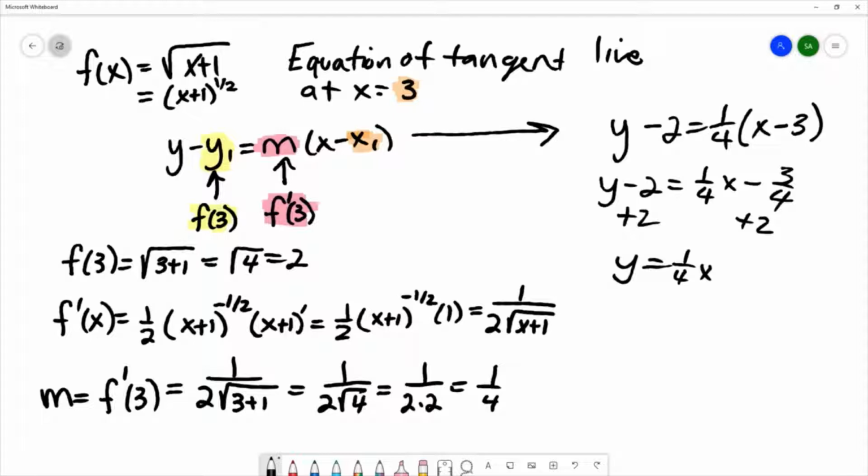And I'll need to change 2 to a fraction. 2 over 1, I'm going to multiply by 4 over 4 to get 8 over 4. I've got negative 3/4 plus 8/4, and that's y equals 1/4 x plus 5/4. So that is the equation of the tangent line at x equals 3.